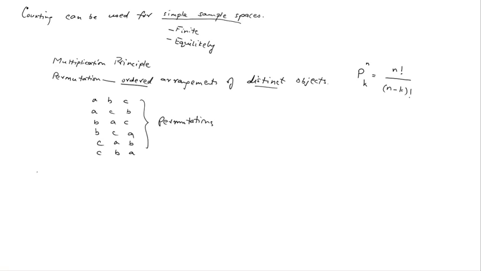Today we're gonna discuss a related concept called combination. A combination is an unordered arrangement of, once again, distinct objects. The objects have to be different.